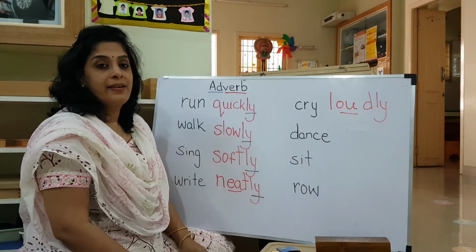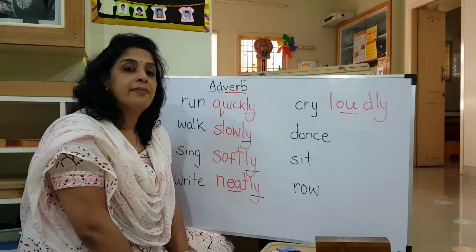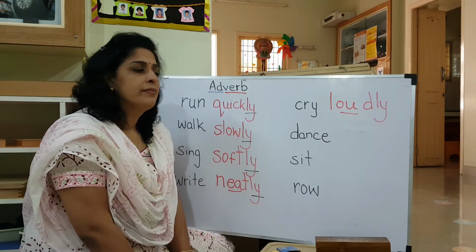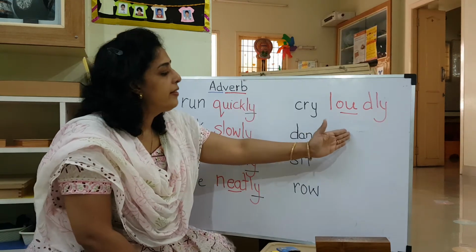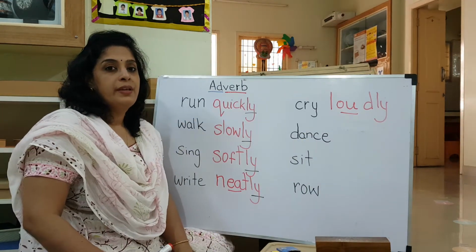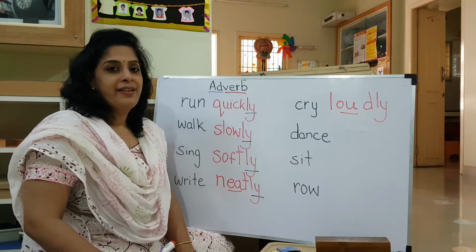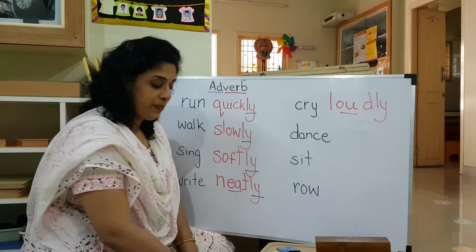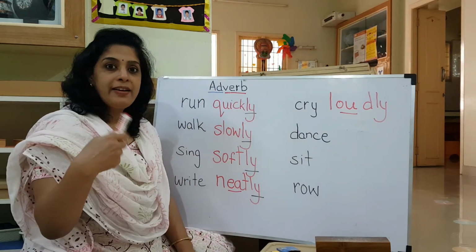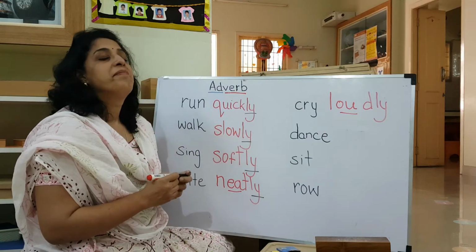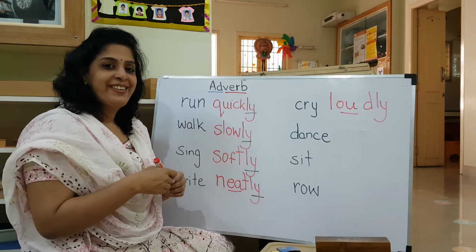Dance. What can I say for dance? You tell me what can be the fun word I can say for adverb. He danced, or let's say Varun danced. How? You remember that video I had sent for the graduation day musical chair?